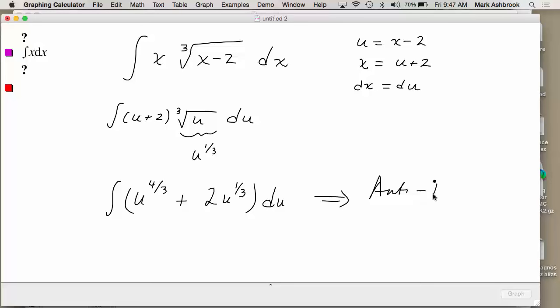So antiderivative, change back to x, according to u equals x minus 2. Questions on this one?